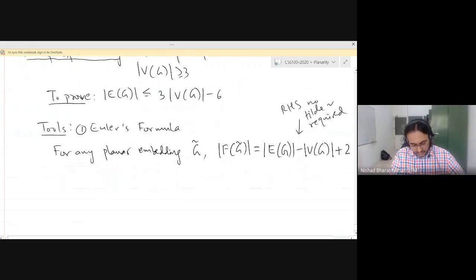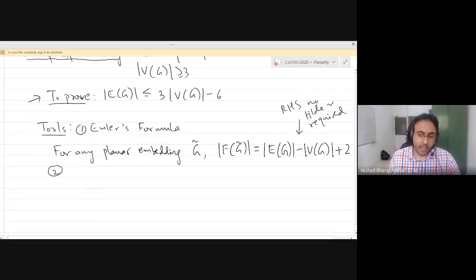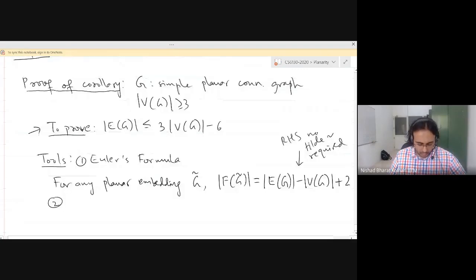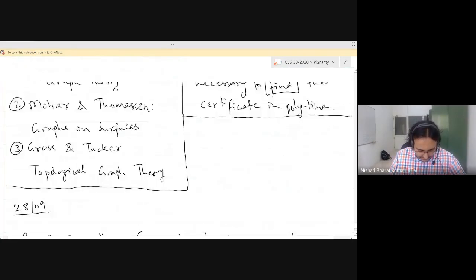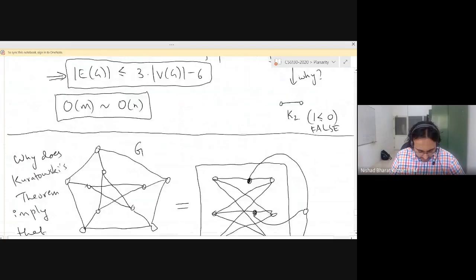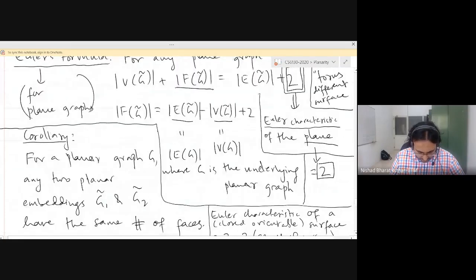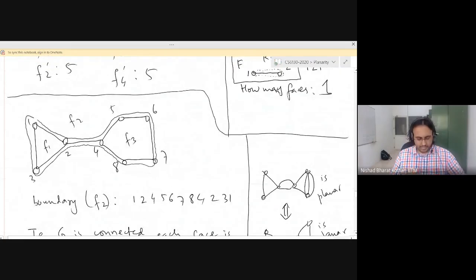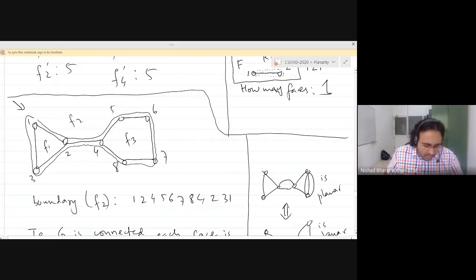So this is our first tool, but we are going to need a second tool to prove this result. Okay? And what is that tool? Let's go to the boundary of a planar graph. Okay. Do you all remember this example? So, what is the boundary of F1?